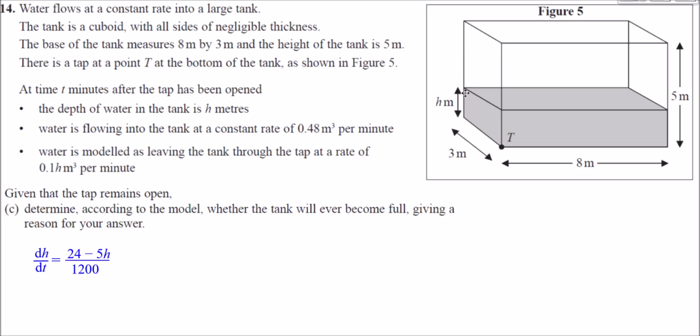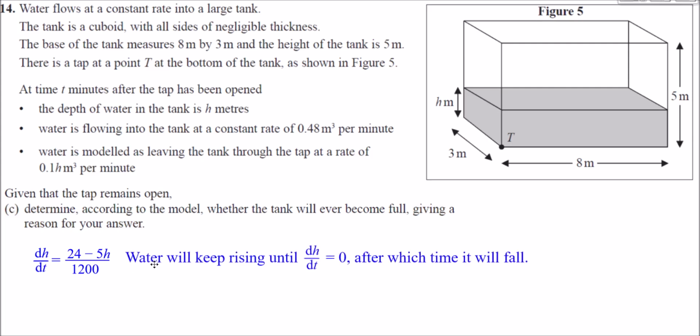So clearly here, where the height's really small, nowhere near 5, it's going to be increasing and increasing. So because of this expression for dH by dt, we need to deduce that water will keep rising until dH by dt equals 0, after which time it will even off and then begin to fall, assuming dH by dt then becomes negative, of course.